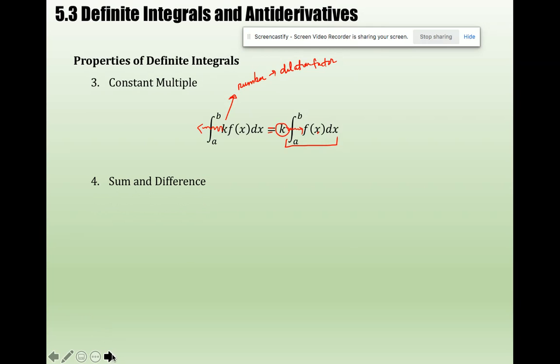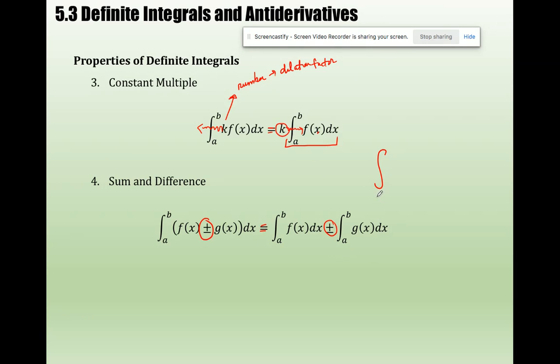Sum and difference, just like derivatives. The integral of a sum or difference can be split up into the sum or difference of two integrals. Okay, swell. So in other words, what if you don't know how to do this, but suppose I wanted to integrate from, I don't know, 1 to 7 of sine x plus x squared dx.